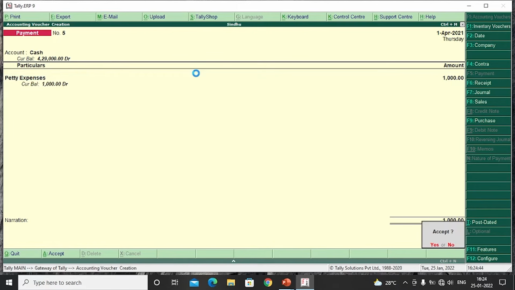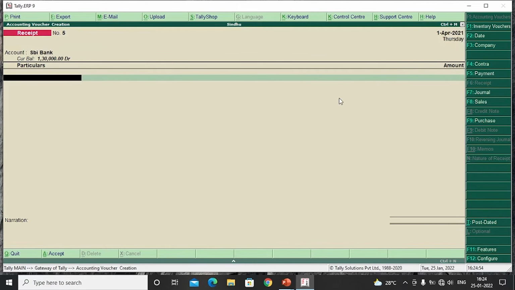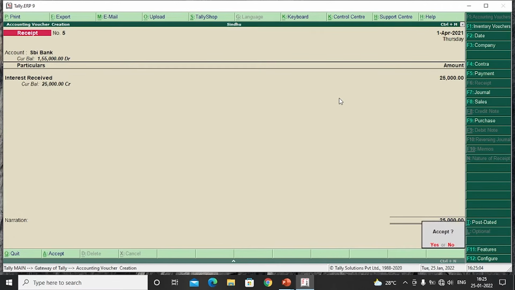Accept this voucher. Interest received through bank should be entered in a receipt voucher, bank, interest received, 25,000. Now press enter, enter, enter and accept this.